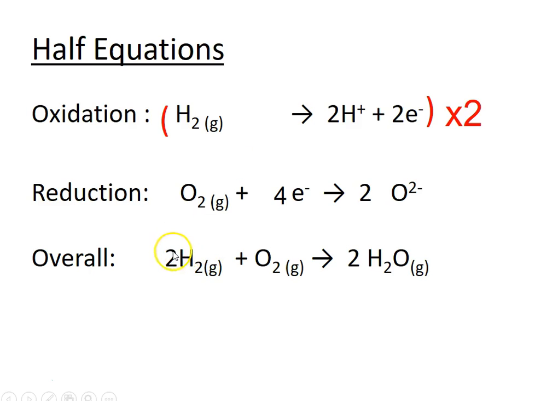So you would have 2H2 plus O2 plus 4 electrons, and I've already cancelled out the electrons here. And 4H plus 2 of these together. So this is artificial. Really, these 4 hydrogens and 2 oxygens become two water molecules.